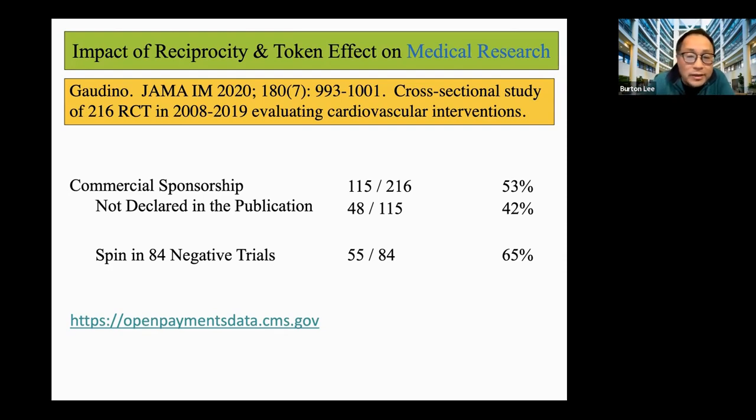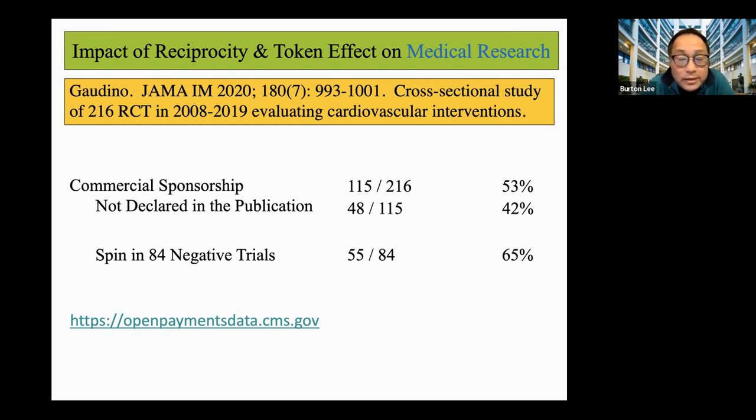And then look them up on Open Payments Data, which is a government website. By law, in the US, the drug companies are required to list how much money is given to different physicians and scientists.